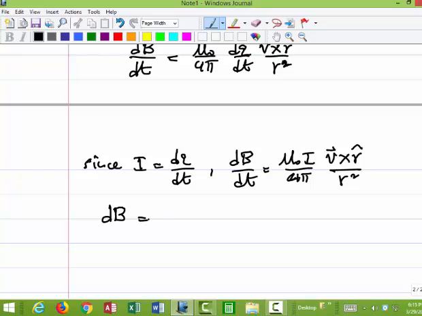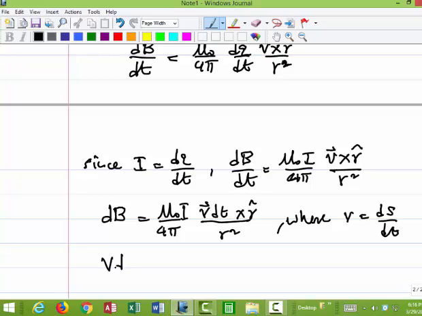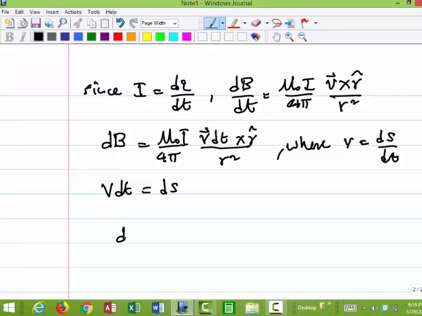So we have dB equals mu naught I over 4 pi, v dt cross r hat over r squared, where we can say that v is equal to ds dt. Therefore, we can replace v dt by ds.